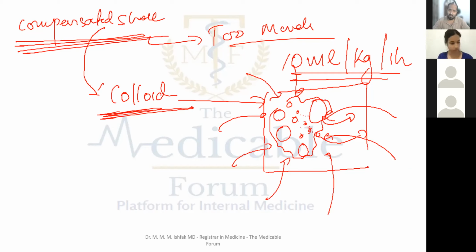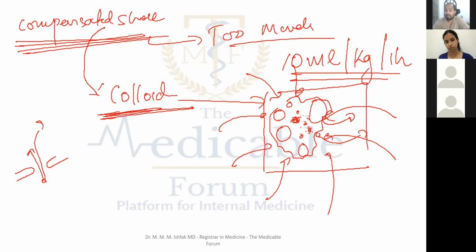The small molecules will enter haphazardly, and these small molecules are so small that they can easily pass through the vascular penetrations during the critical phase. So these molecules will go out to the extravascular space.